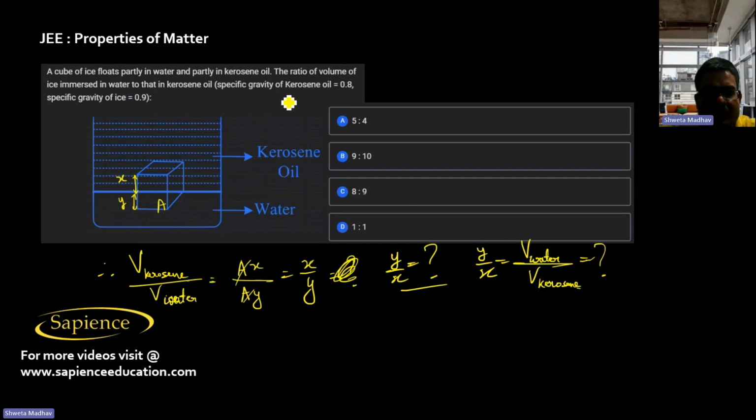Now the specific gravity of kerosene oil is this. So the density of kerosene oil is equal to 0.8 into density of water, which is 0.8 into 1000, which is 800 kg per meter cube.